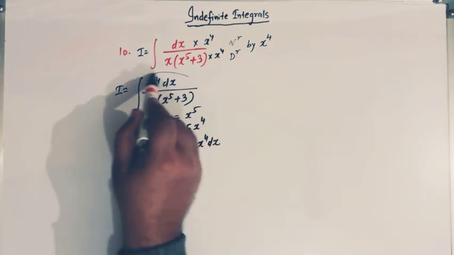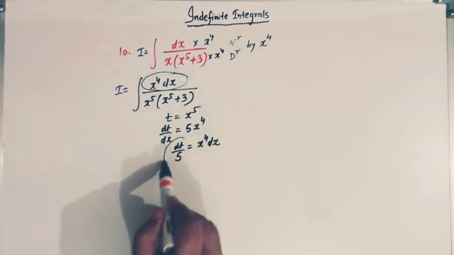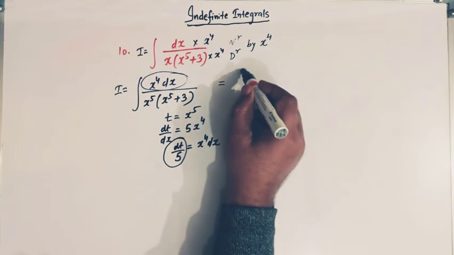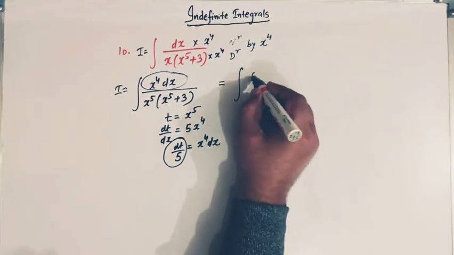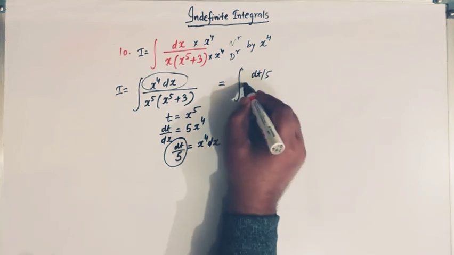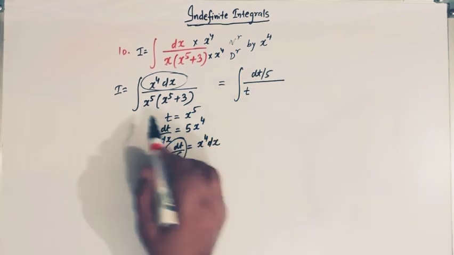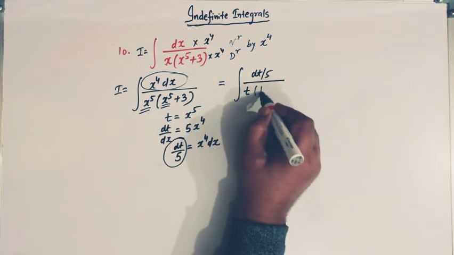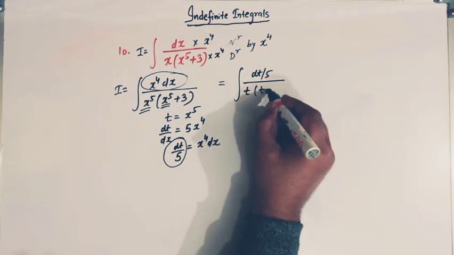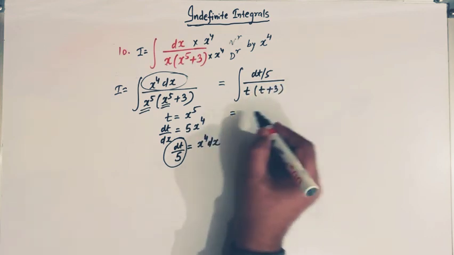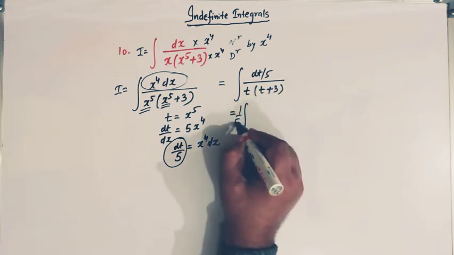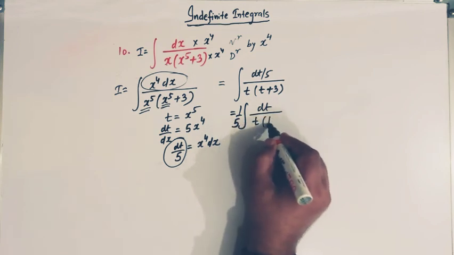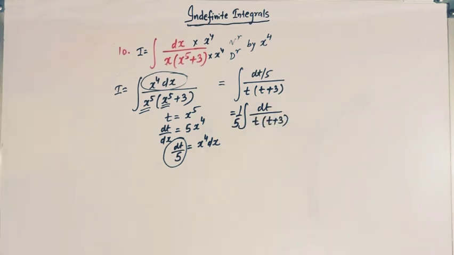Now for x raised to 4 dx, we can substitute dt over 5. So this integral now becomes dt over 5 divided by t, because x raised to 5 is t, and here also we have t plus 3, right? Now we can write it as 1 over 5 dt over t times t plus 3, right?